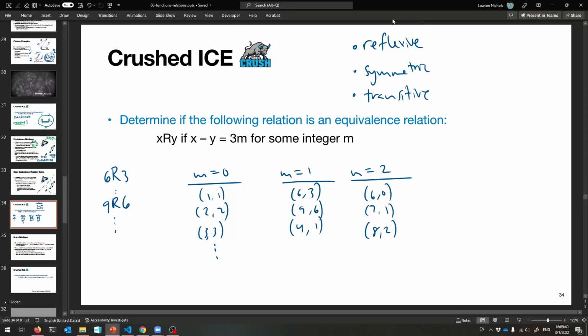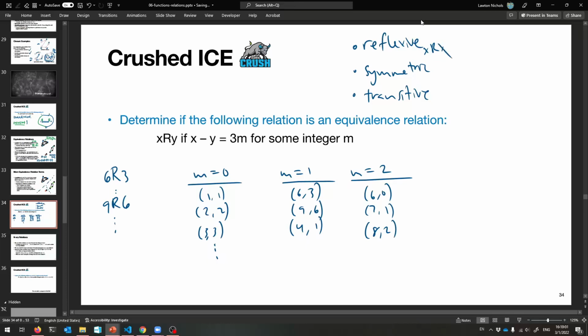If it's reflexive, that means that every element must be related to itself. Is it true that x is related to x?